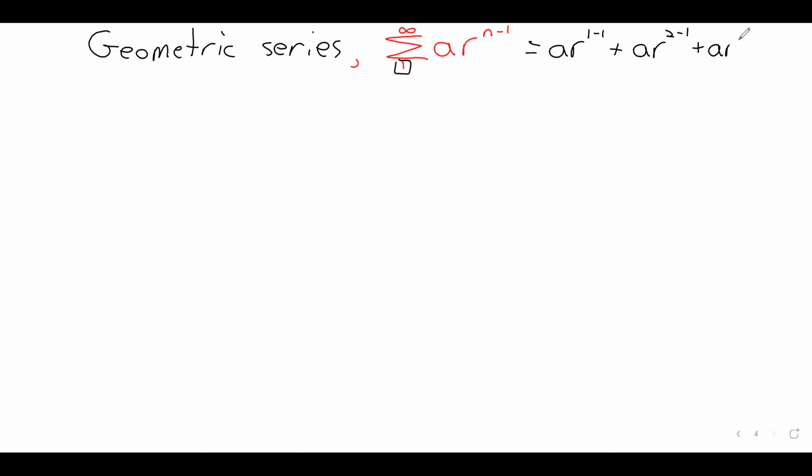And because of that infinity symbol up there, we count up forever. And almost anything except 0 to the 0th power is 1. So this term goes away. And a geometric series looks like this. It looks like an infinite polynomial in r, essentially.